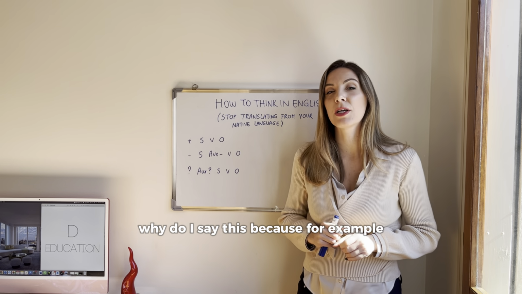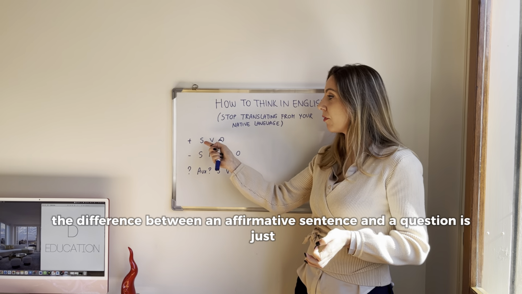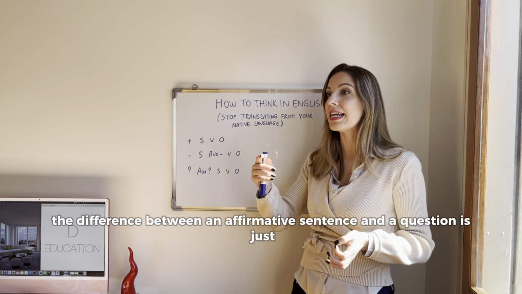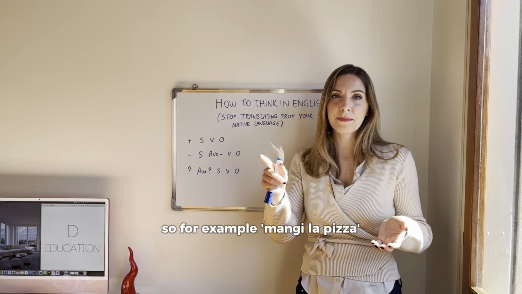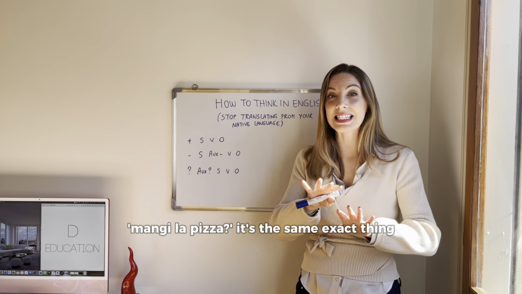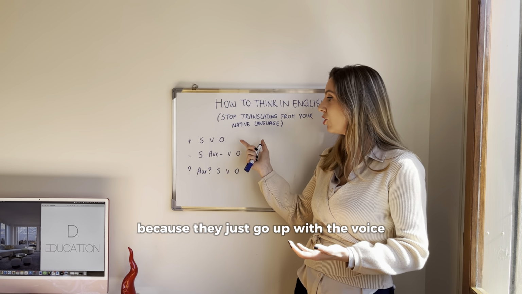Why do I say this? Because, for example, in Italian, the difference between an affirmative sentence and a question is just you go up with the voice. So, for example, mangi la pizza, mangi la pizza, it's the same exact thing, and that's why most Italians make this mistake, because they just go up with the voice.